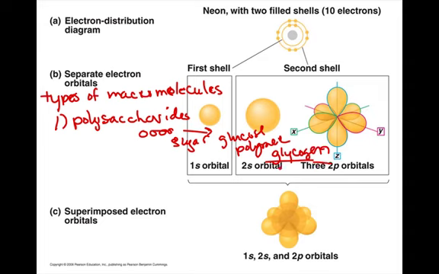Or other cells, all cells could store it as glycogen as a ready source of energy. Or in plants, in the form of cellulose. So lots of different chains of sugars, but we won't really focus on this until later in the course when we talk about metabolism.